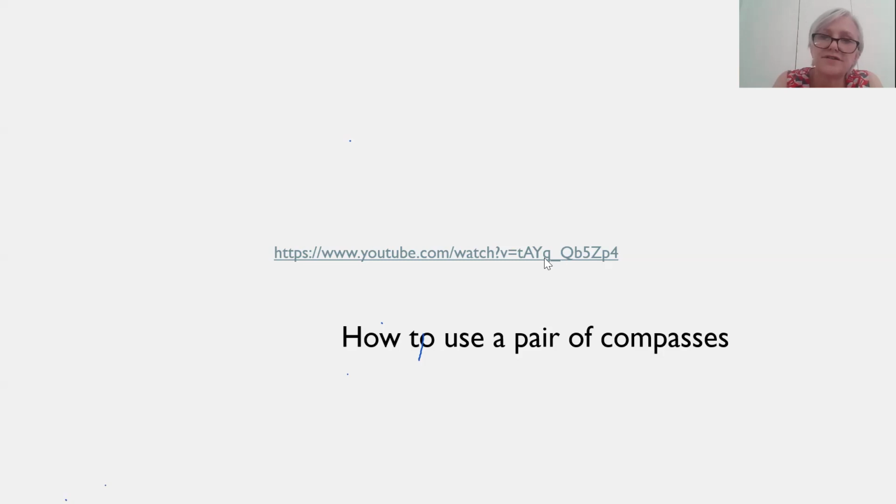Don't press too hard because the pencil will move. And look at the compass point. That's how you draw a circle. You can obviously just move the paper around as well.